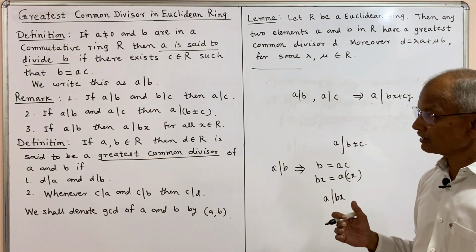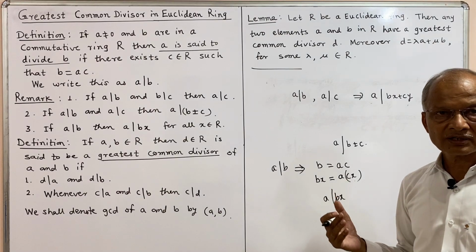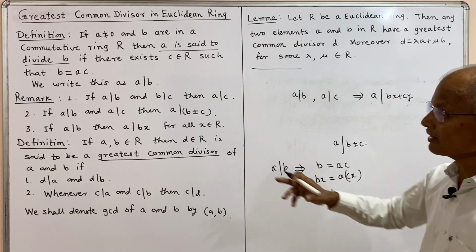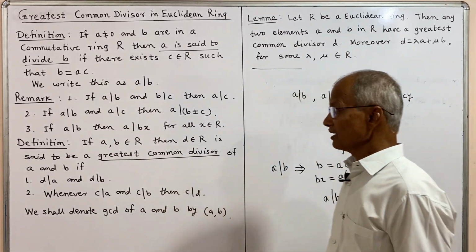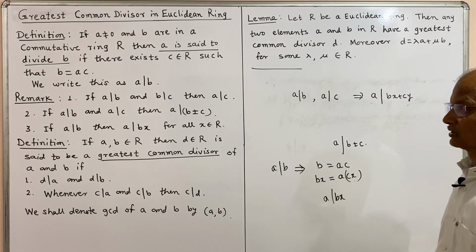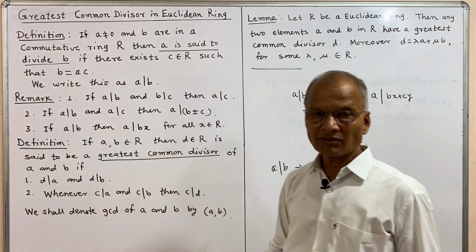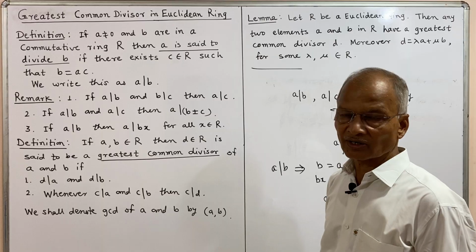Earlier in number theory, we only considered elements as integers, but here the elements are of a commutative ring R. So this is about the divisibility relation: A divides B if B is a multiple of A, or B can be written as A into some element of R.